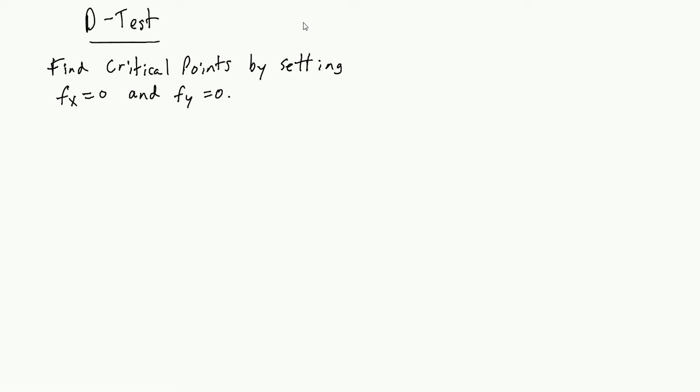If you remember, in Cal 1 you found something called critical values by setting the derivative equals 0. Well, remember, we just have 2 different derivatives now, so we're setting them both equal to 0, and then solving for x and y.